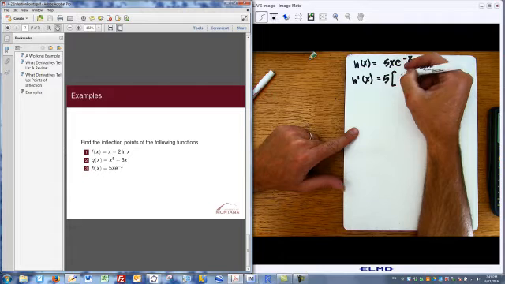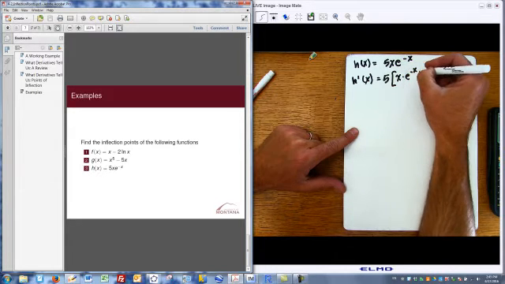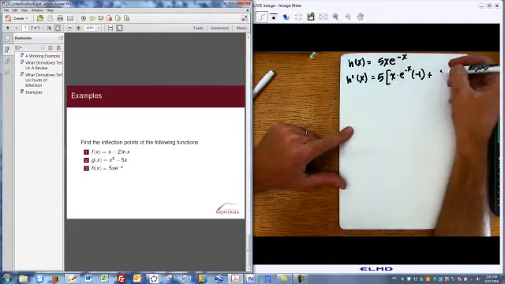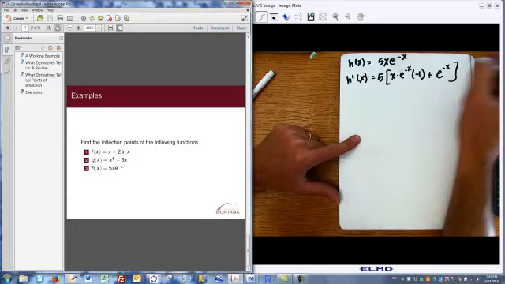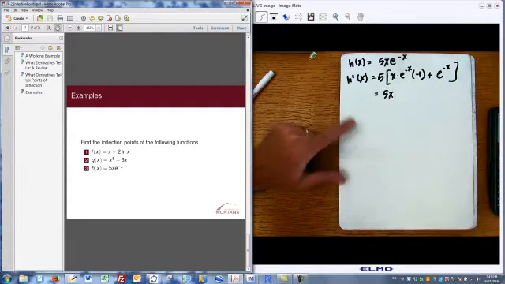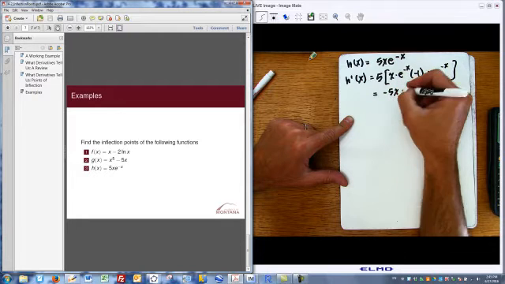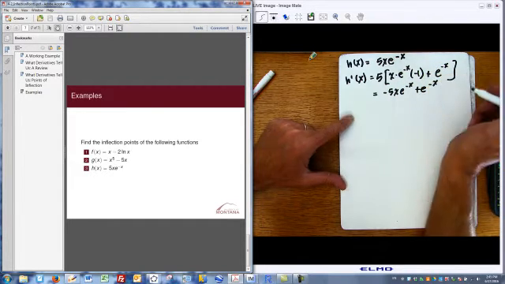It'll be first times the derivative of the second. That's x times e to the negative x times the derivative of negative x, which is -1, plus the second times the derivative of the first. That'll just be e to the negative x. Okay, so we get 5x. Well, I guess it would be a -5x, right? -5x e to the negative x plus e to the negative x.